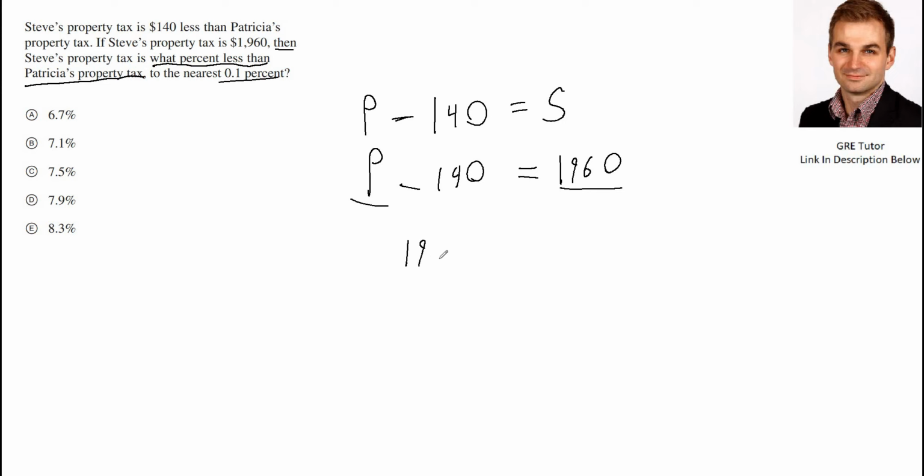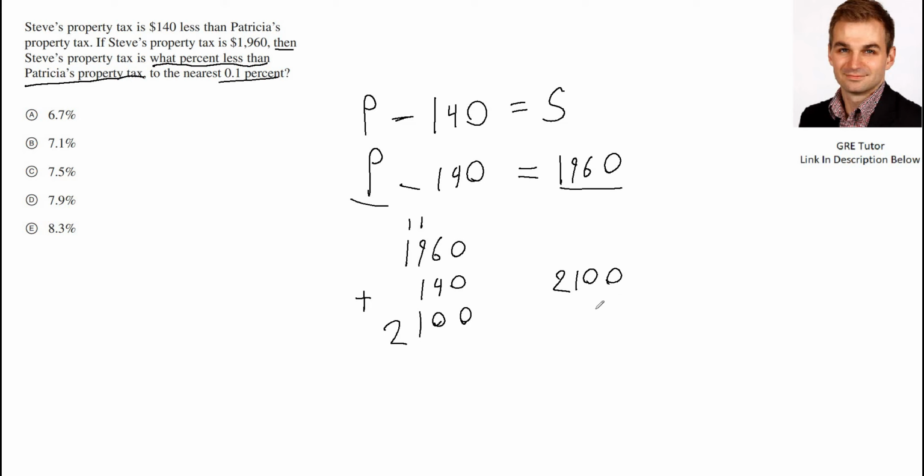So 1,960, we're going to add this to the other side, plus 140 is going to give us 2,100. Alright, so if 2,100, and this is where you can create a ratio. Oh sorry, we want to know what percent less.